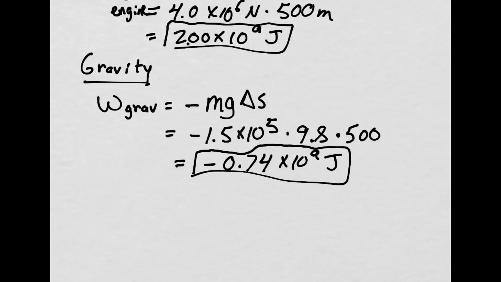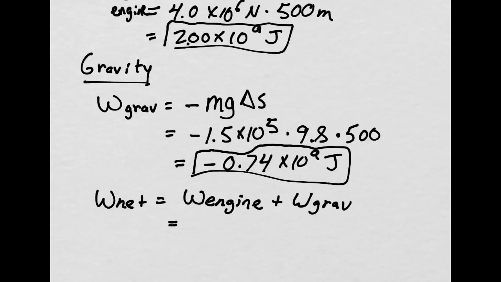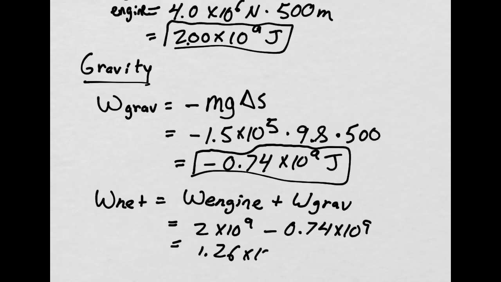So now we need to find the total work. The net work is equal to the work done by the engine plus the work done by gravity. That is equal to 2 times 10 to the 9 minus 0.74 times 10 to the 9, which is 1.26 times 10 to the 9 joules.